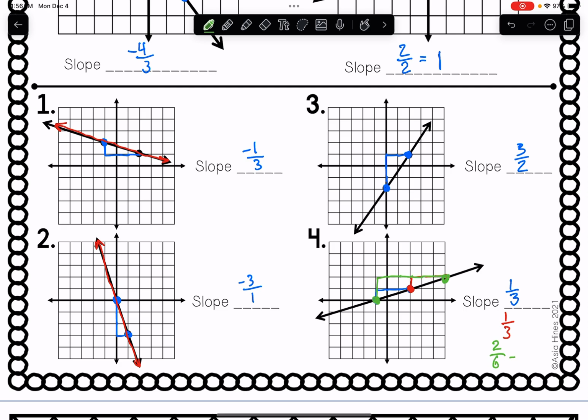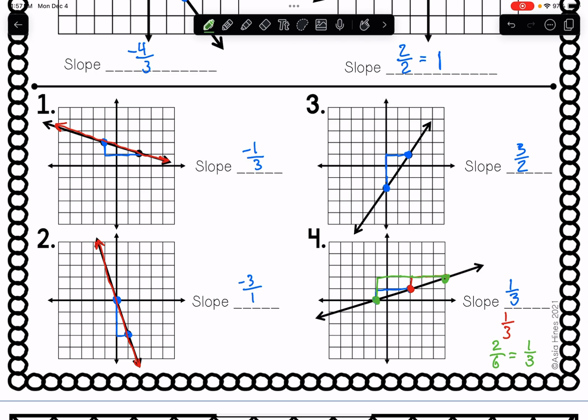Run of 6. And we always reduce our fractions here, so this is going to give a slope of also 1/3. So all of these being equal to each other tells us that the slope of a straight line is always the same no matter what 2 points you pick. So you will always get the same slope on a line.